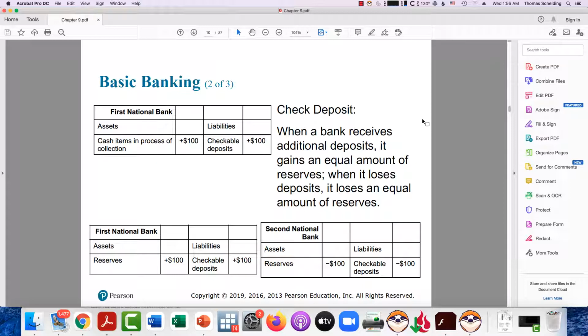Then it's going to change that $100 from cash sitting in its vault into reserves, and it's preparing itself to lend that money out.